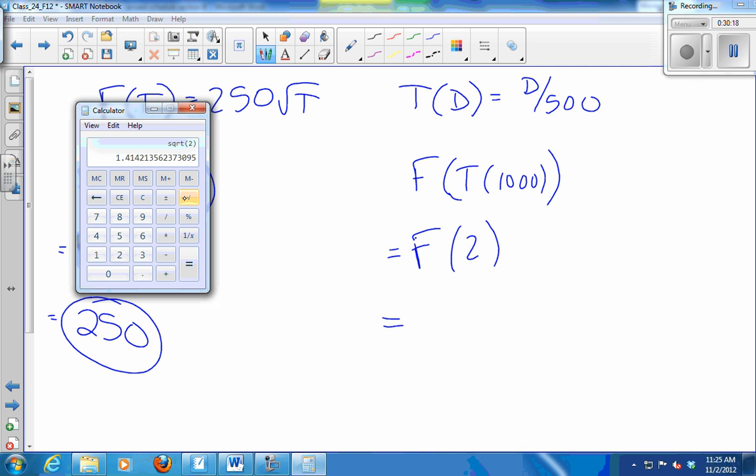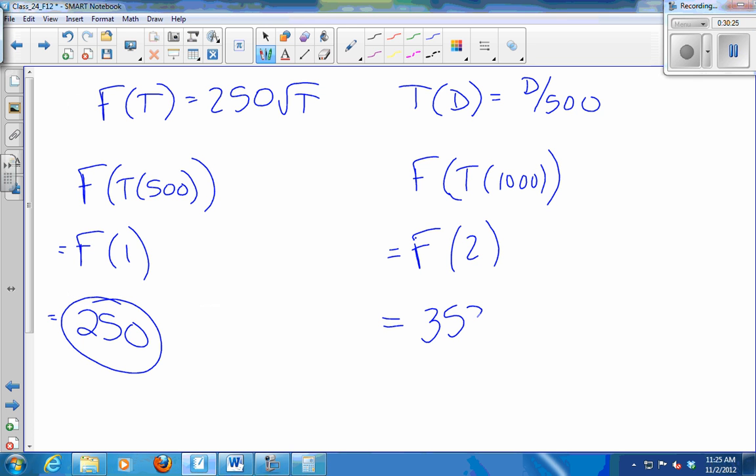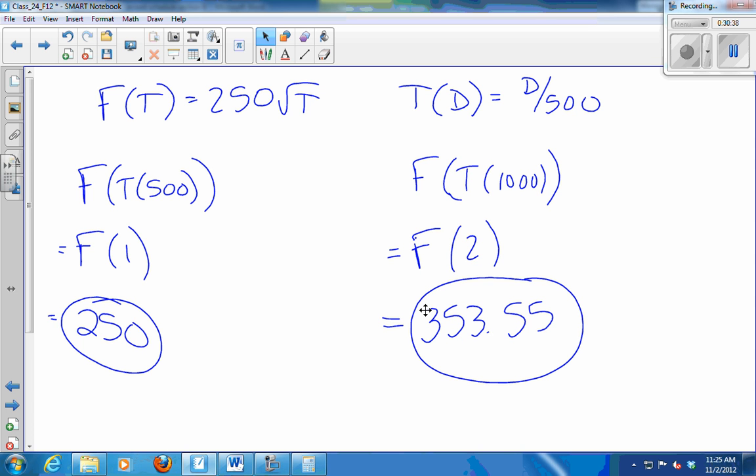Square root of 2 times 250 is 353.55, which is very close to what we got when we estimated using the graph. Okay. Any remaining questions?